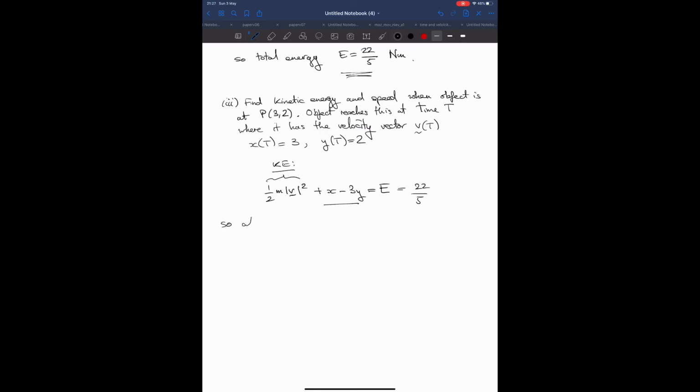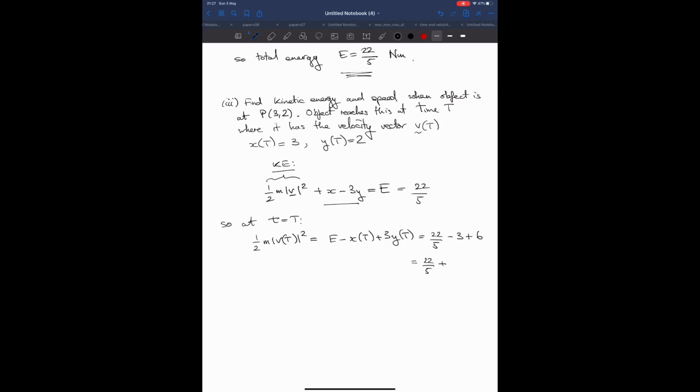So at t equals capital T, the kinetic energy is equal to E minus x of T plus 3y of T, which is 22/5 minus 3 plus 6.